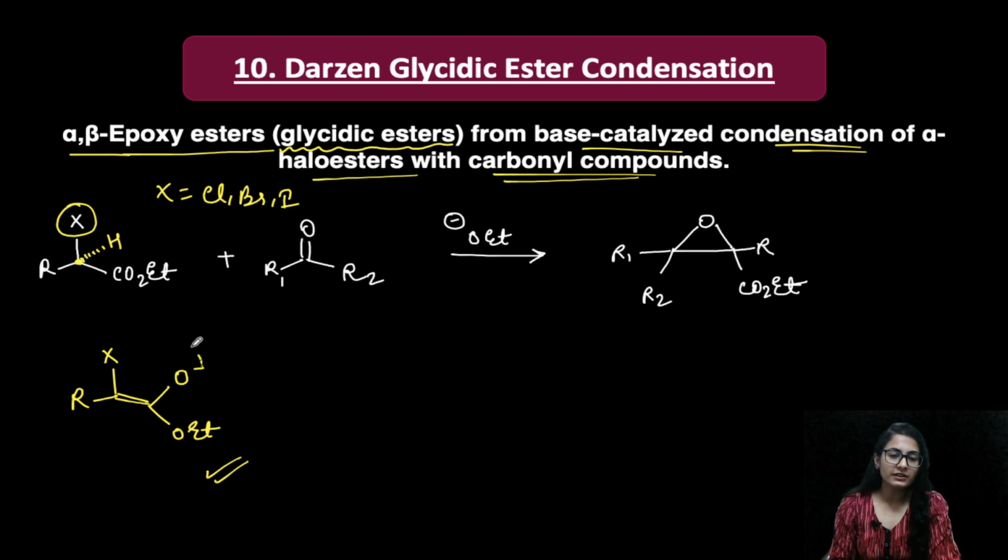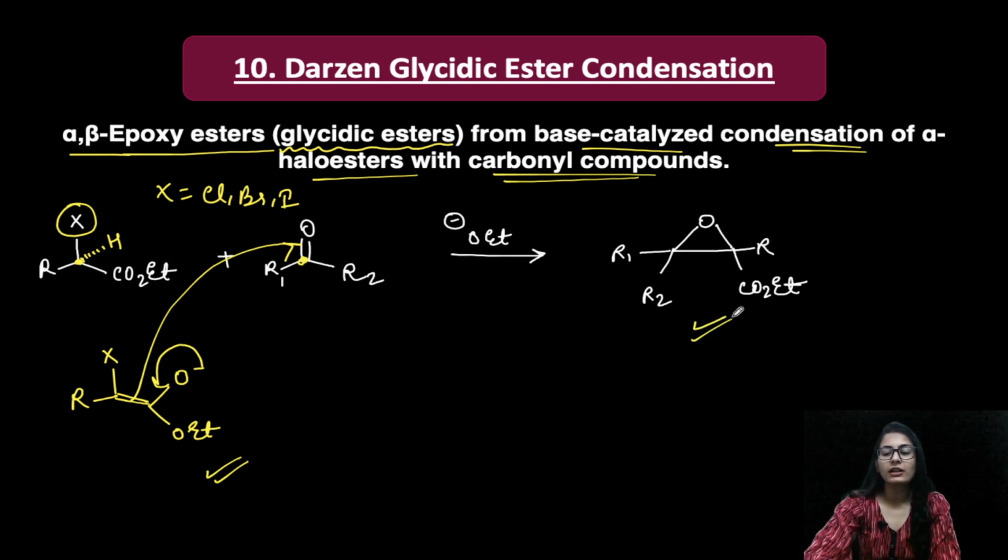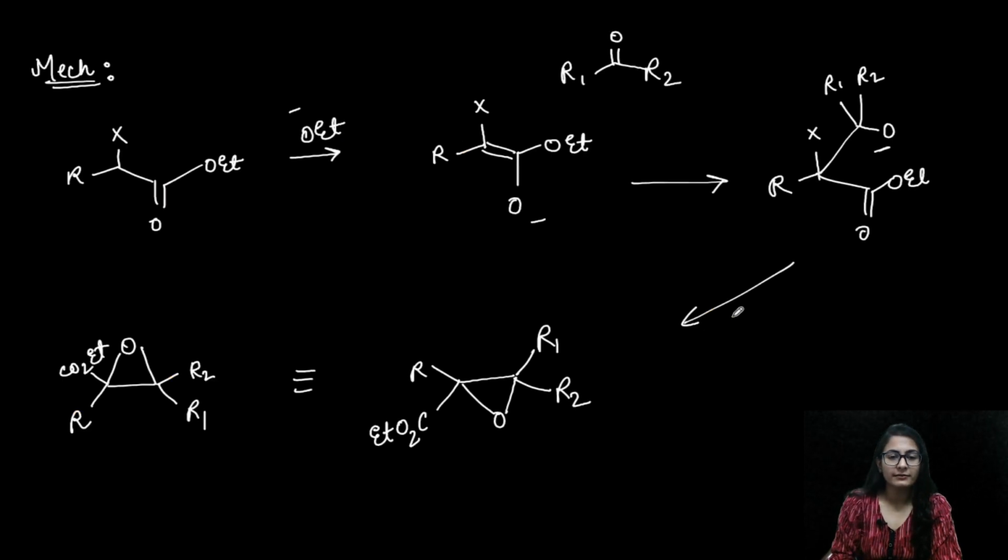Now further, this enolate is going to attack onto this carbonyl carbon, and then you are going to get this product over here. So let's quickly talk about the complete mechanism right over here. As you can see, we have this proton, the alpha proton to the ester, also the alpha proton to the halogen, right?